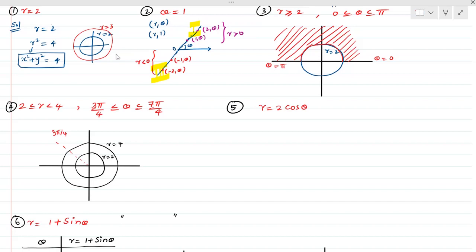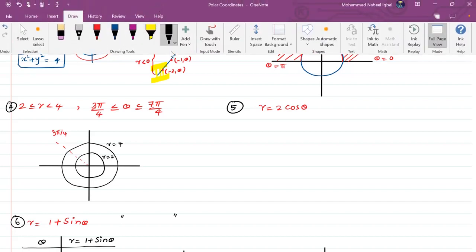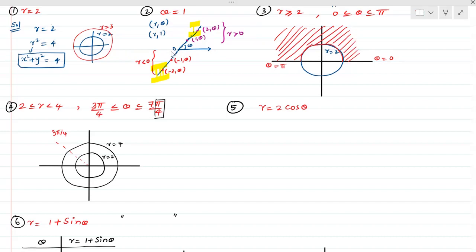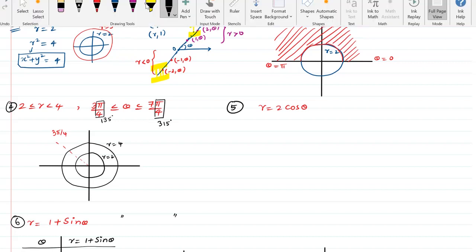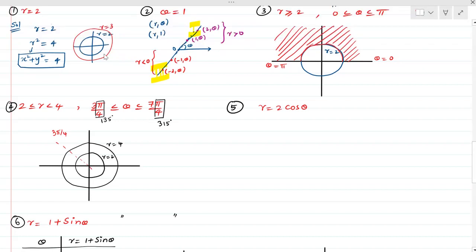It is 45 into 7, which is 315 degrees. So 135 will be in the second quadrant, which is here, and 7 pi over 4, which is in the fourth quadrant. So this is the part.